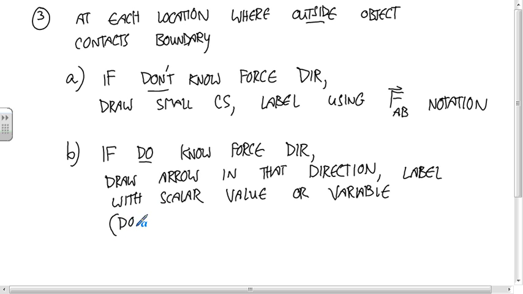And this is the case where you don't use subscript notation.